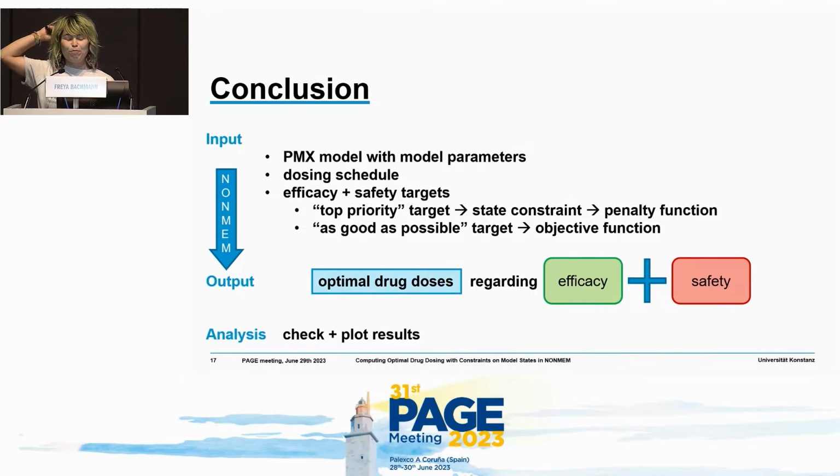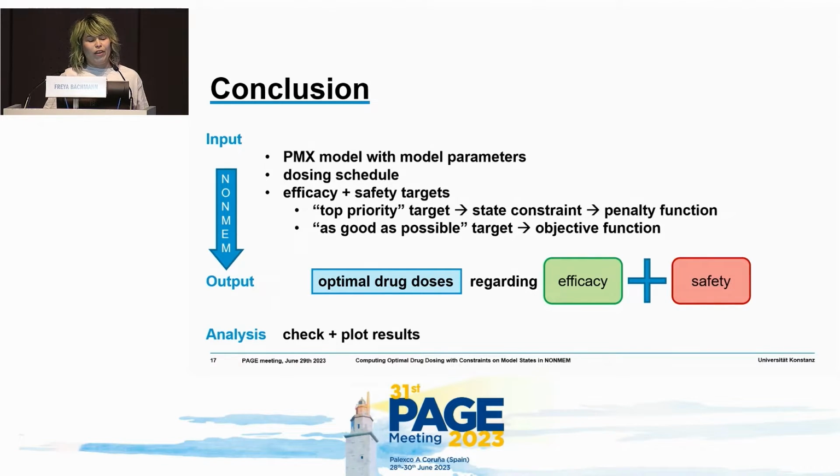All right, to wrap it up now, what's your job? You need a pharmacometrics model with model parameters characterizing an individual or the typical representative of a population. You need to know your dosing schedule, including the dosing time points, the route of administration, and the repeated applications of each dose.